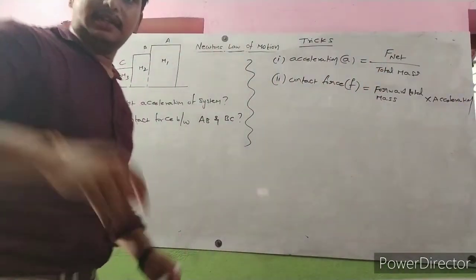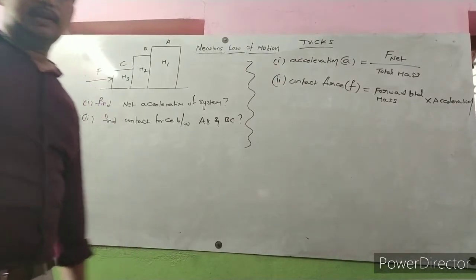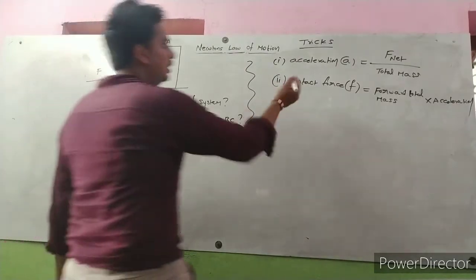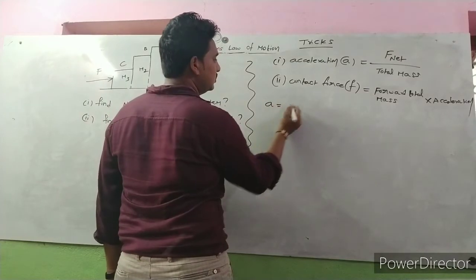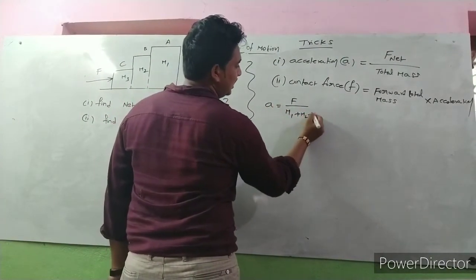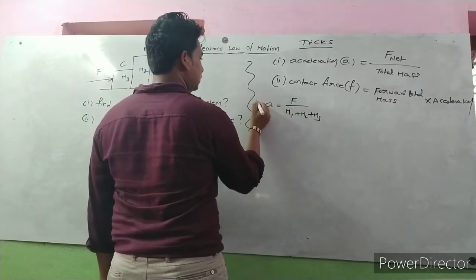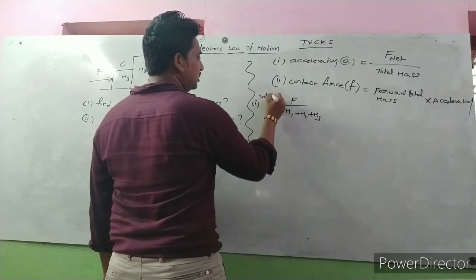So here acceleration A is equal to F net, which means F by total mass, M1 plus M2 plus M3. This is the solution for the first question.